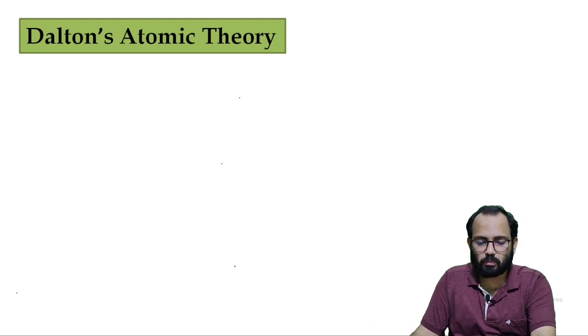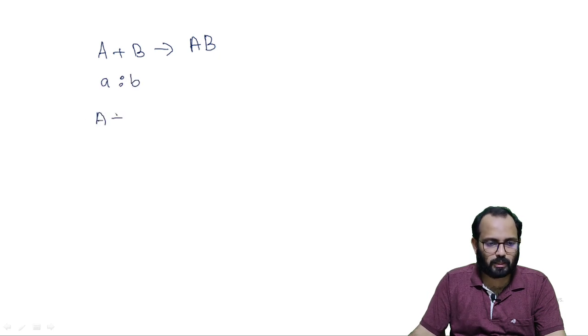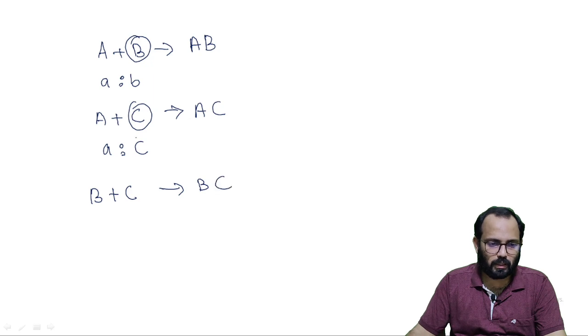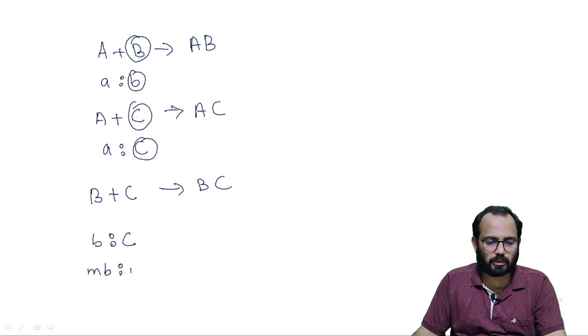To simplify, let's say A combines with B to give AB in an A to B ratio, and the same A combines with C to give AC in an A to C ratio. If B and C react to form BC, then they will combine either in a ratio of B to C or in a ratio of mB to nC.